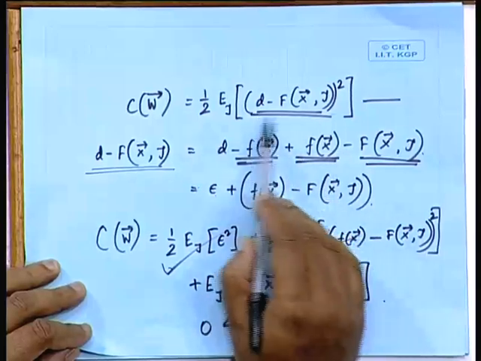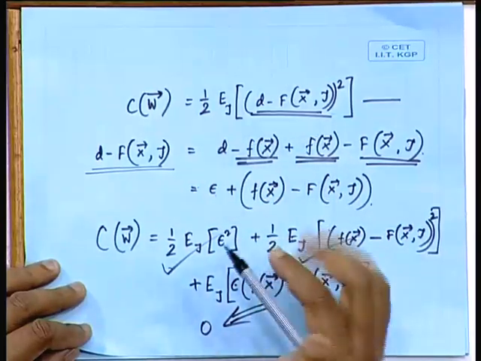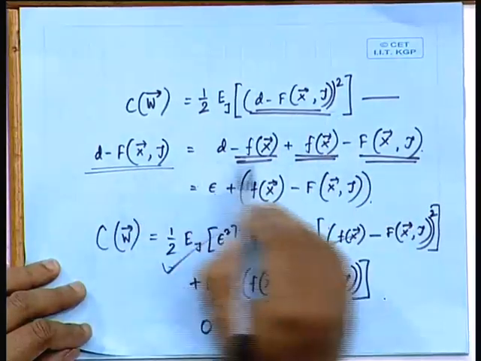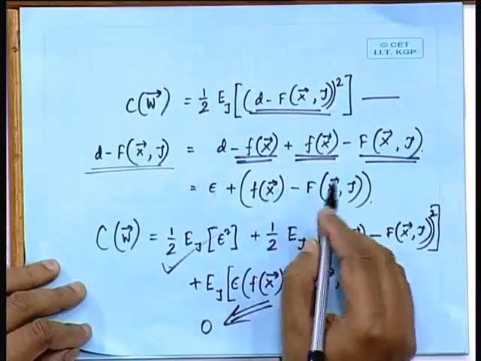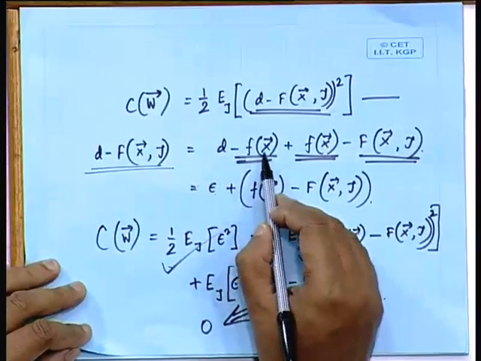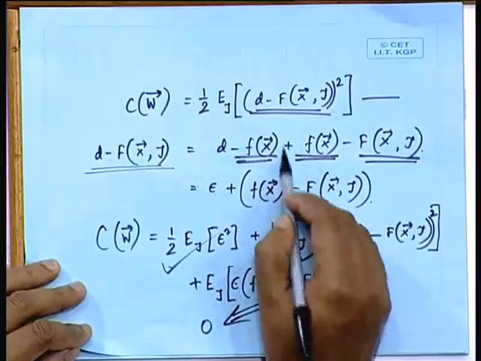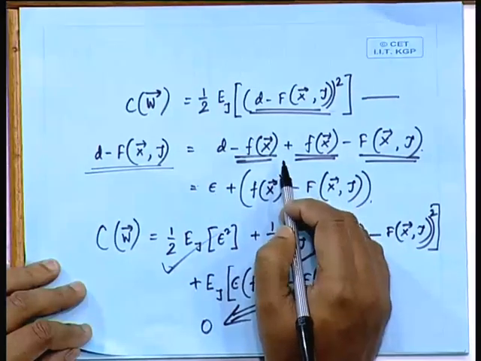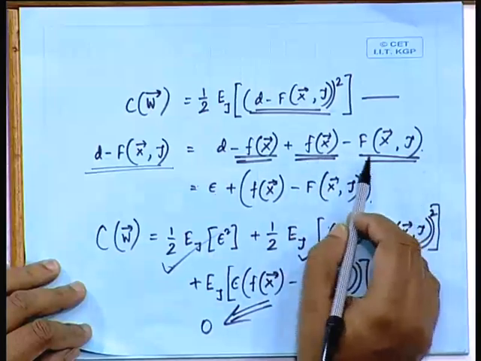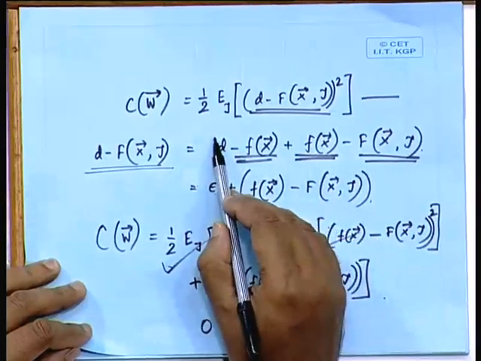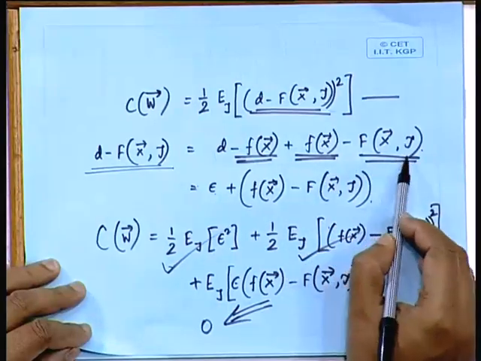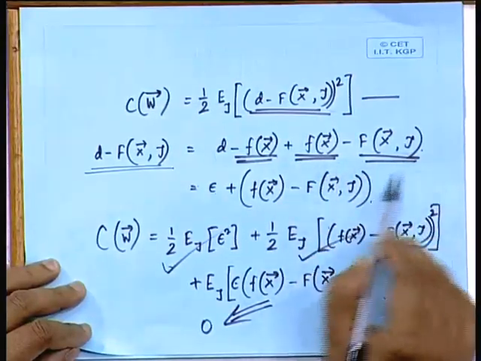And just for ease of expressibility, this d minus f term we had broken up into two, so that we introduced the minus f of x vector, in the regression function form, which we subtracted and then we added. So, the idea was to separate this term, d minus f of x, and f of x minus f of x comma tau, as separate entities.